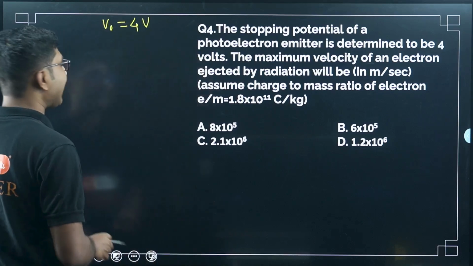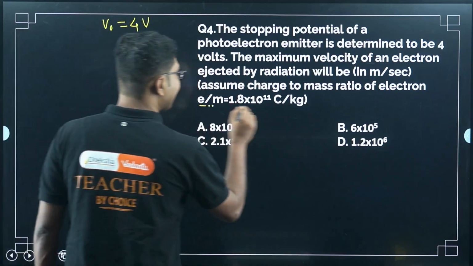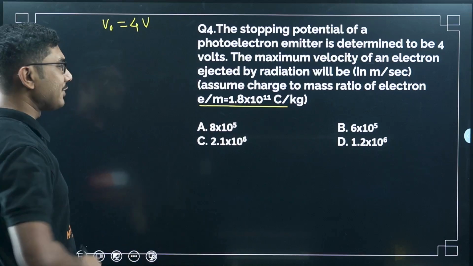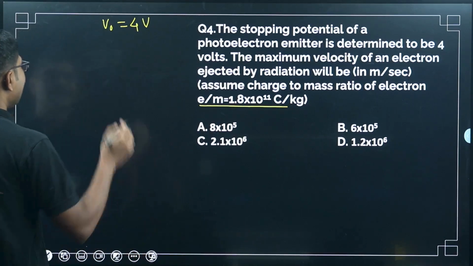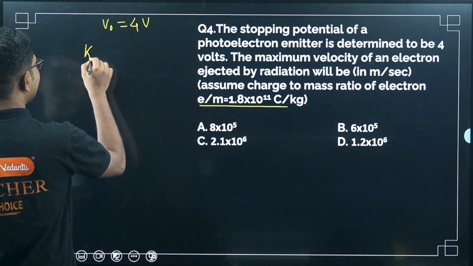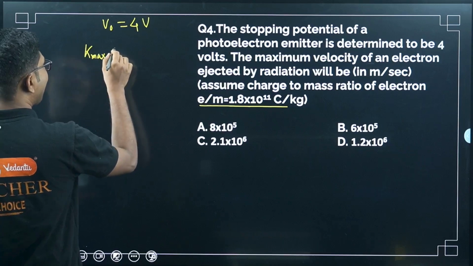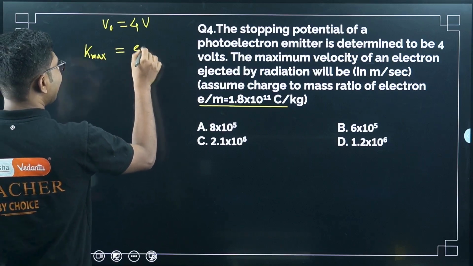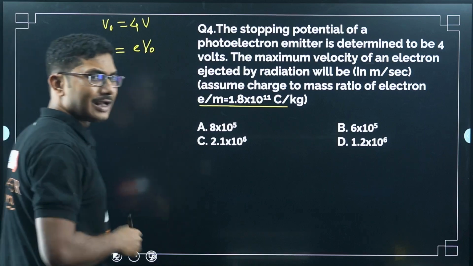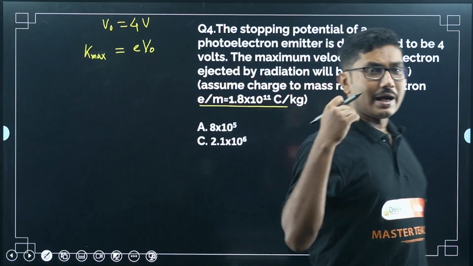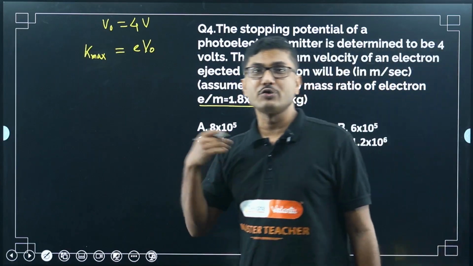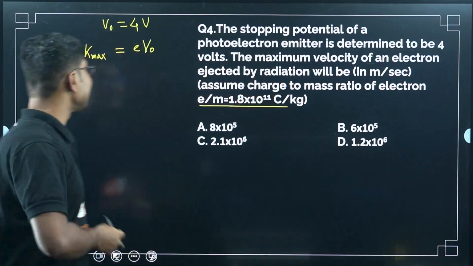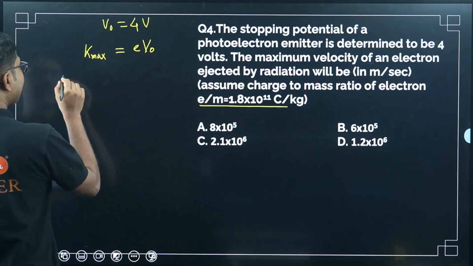Also they have given e by m is equal to 1.8 times 10 to the power of 11 coulomb per kg. Now we know that Kmax is e V naught, right? So stopping potential times the charge of an electron should be equal to its maximum kinetic energy. Now what is maximum kinetic energy?